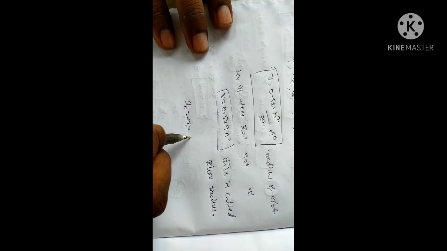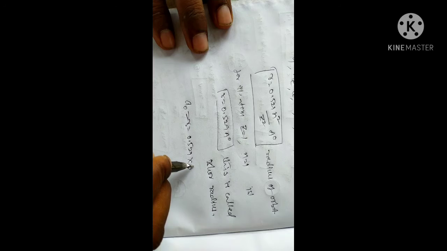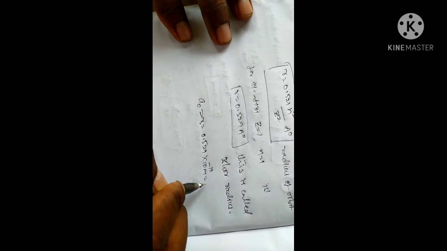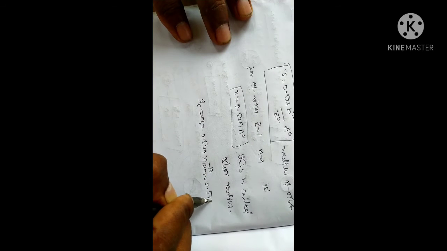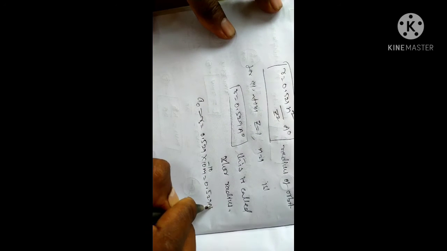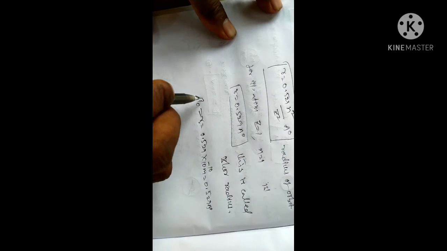That is, a naught is equal to 0.529 into 10 to the power of minus 10 meters, or 0.529 angstrom. That is the Bohr radius.